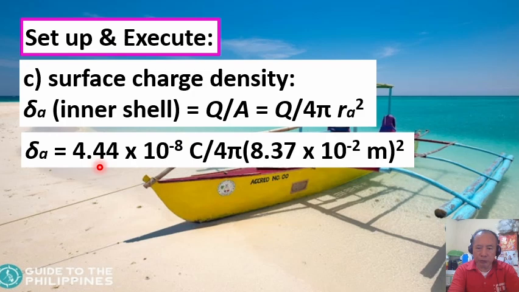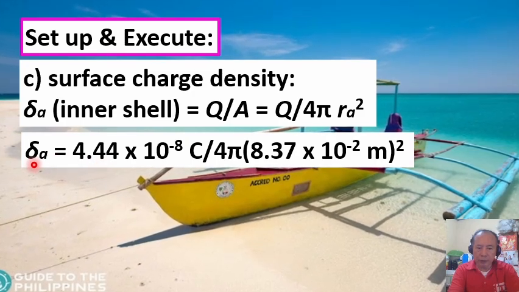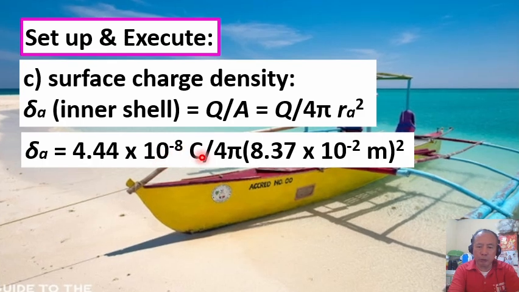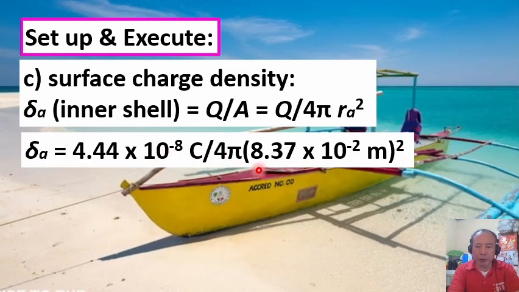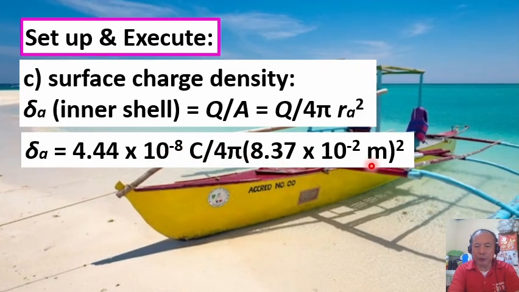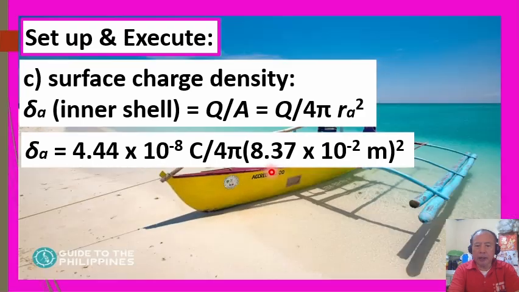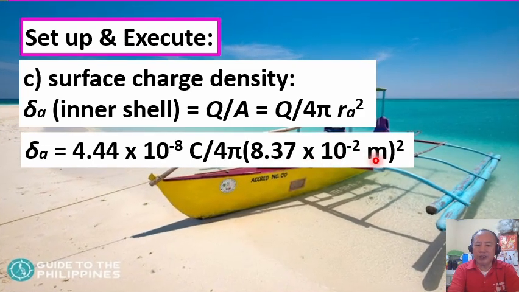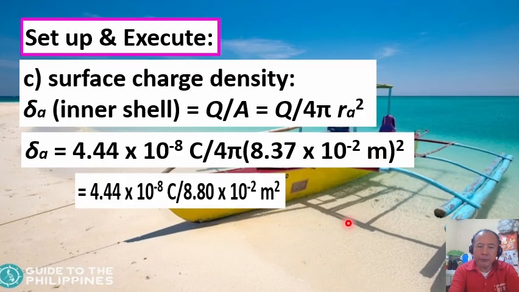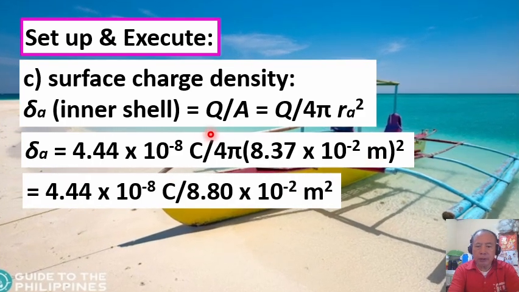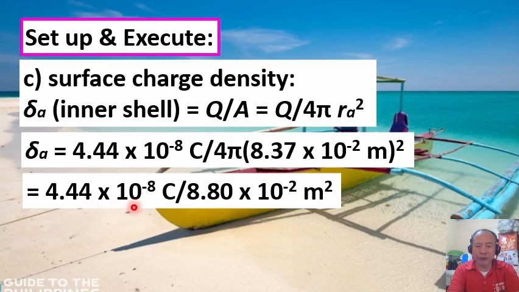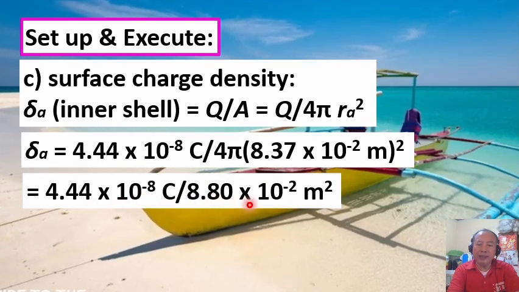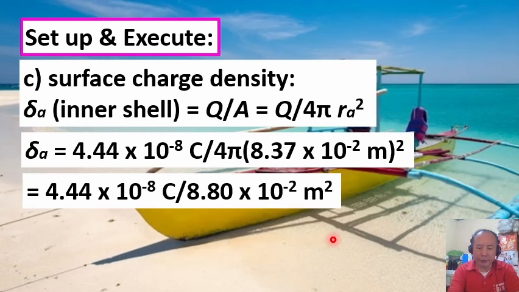So when you substitute, delta sub a equals 4.44 times 10 to the negative 8 coulomb, and then divided by the product of 4 pi and the square of 8.37 times 10 to the negative 2 meters. So when you do the math, this simplifies to 4.44 times 10 to the negative 8 coulomb divided by 8.80 times 10 to the negative 2 meters squared.